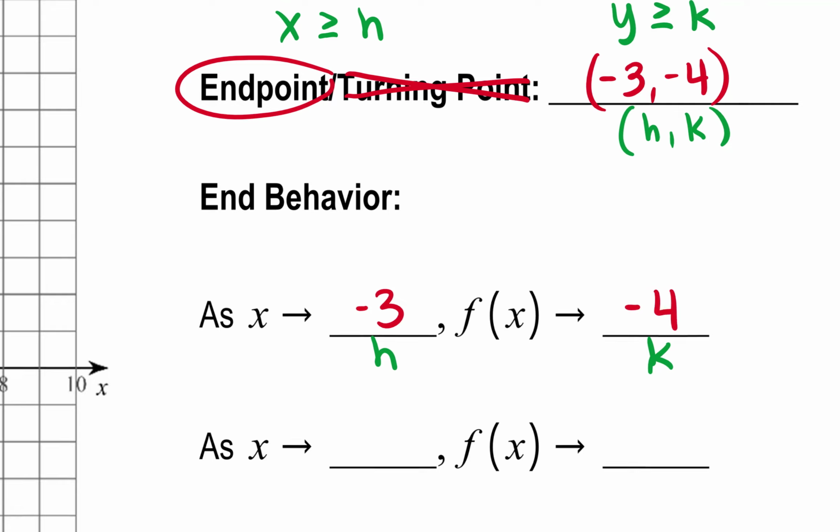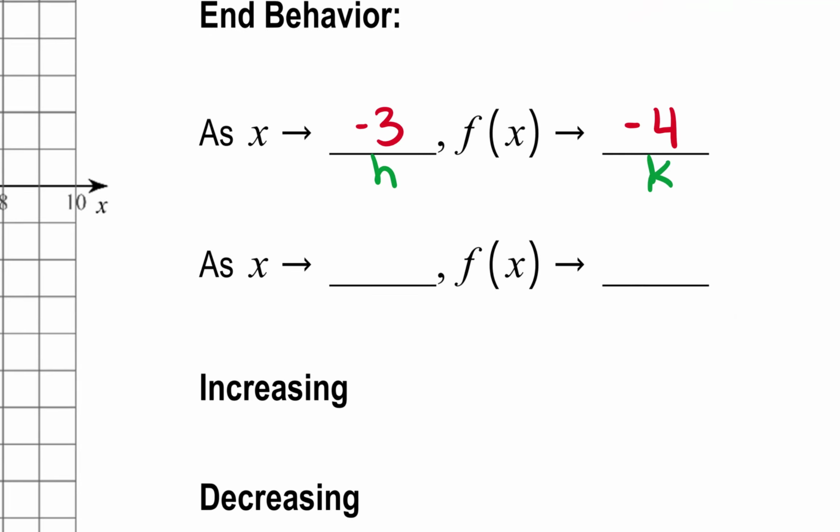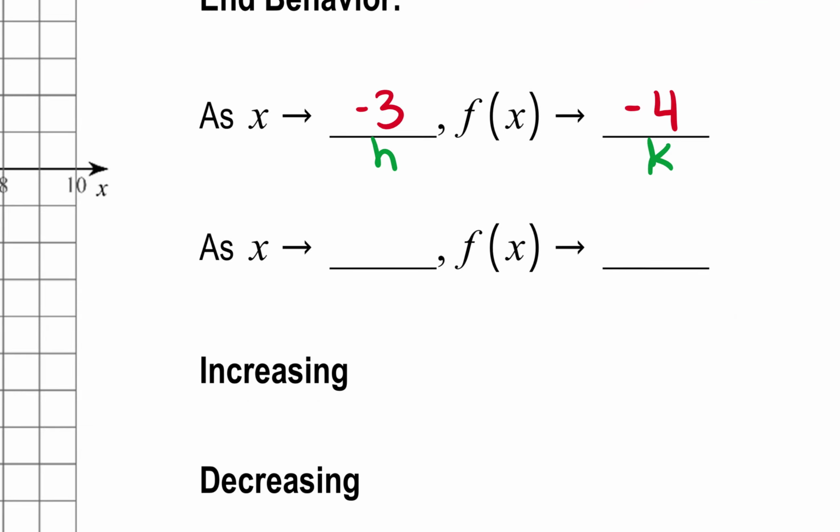So really, if you just remember that whatever my endpoint is also goes for my end behavior on the first one, and they go in the same order, that's all you got to know. Okay, so that's one end. The other end, okay, if you're looking at your notes, always approaches positive or negative infinity. Well, because we have a positive square root, I would go to positive.